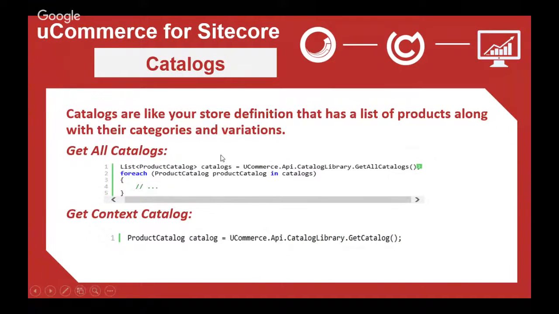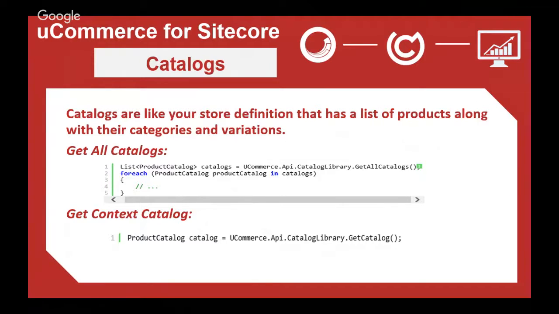So if I want to get all the catalogs, or let's say I want to have in my navigation my different number of stores, all I need is to use the get all catalogs. Using the get all catalogs, it returns a list of product catalog, and you can do whatever you want with the information retrieved. You can use it as a navigation, you can use it as a list of different catalogs, or instead of using all your catalogs, you can select a single catalog once you enter that store.